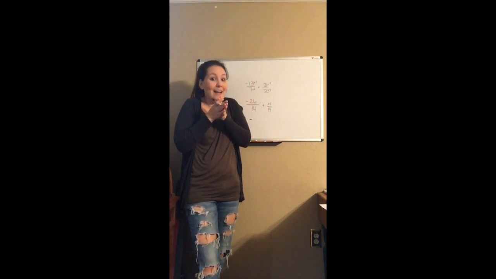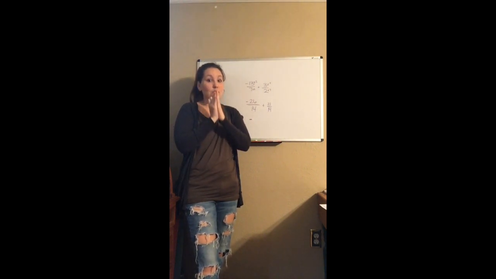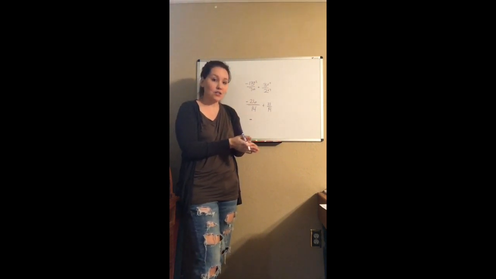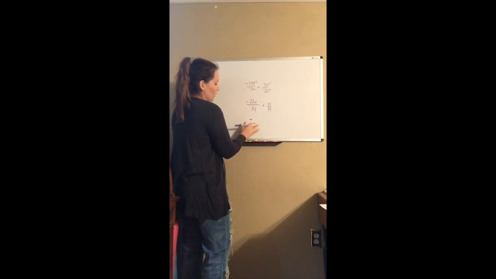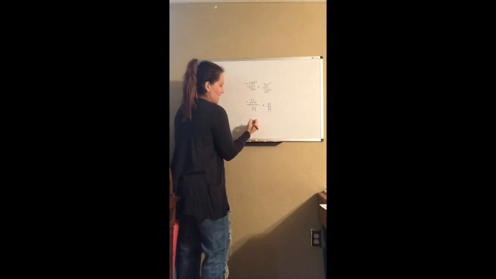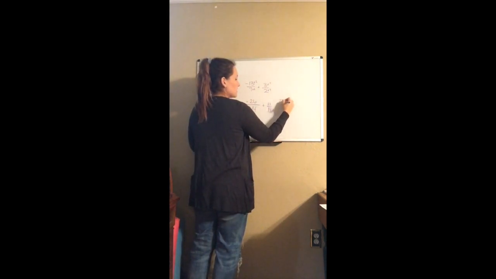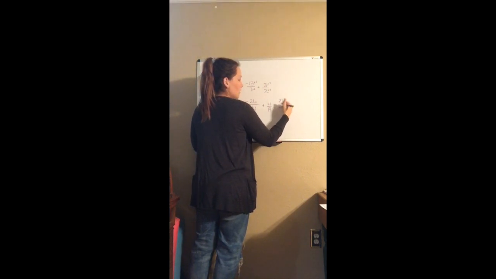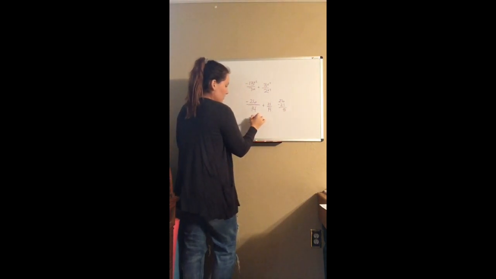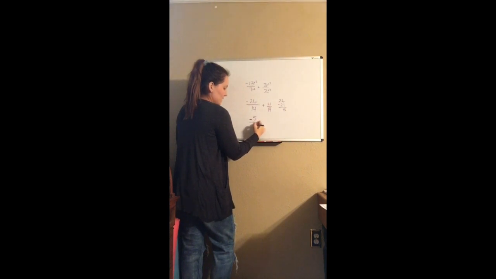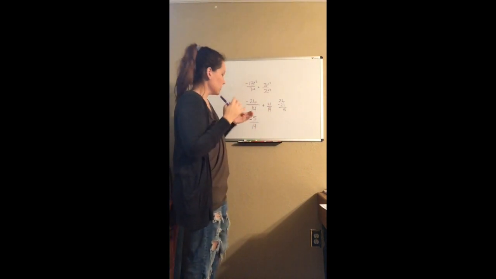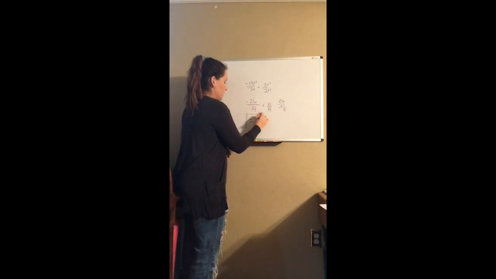So we need to find what the difference is. Difference means subtraction. So we're not going to worry about that sign. We know it's going to be negative. So 26 minus 21, we're left with 5. And I'm going to keep my same denominator. So negative 5 over 14.